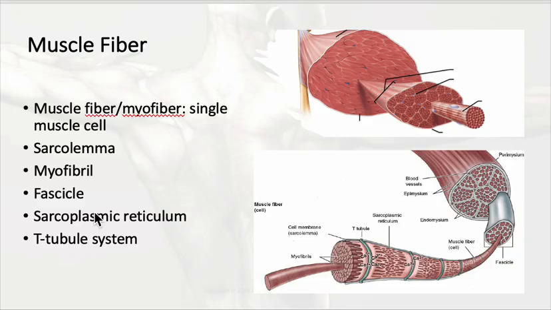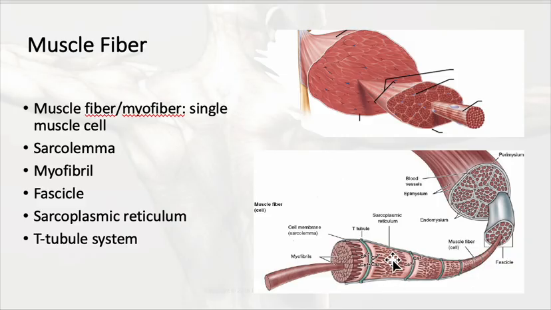The sarcoplasm is the cytoplasm of a muscle cell. The sarcoplasmic reticulum, represented here by this mesh-like network, is a specialized smooth endoplasmic reticulum that forms a network around each myofibril. So around each muscle fiber is this smooth, specialized sarcoplasmic reticulum.